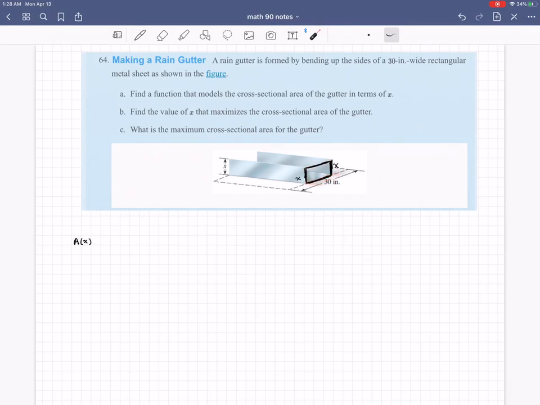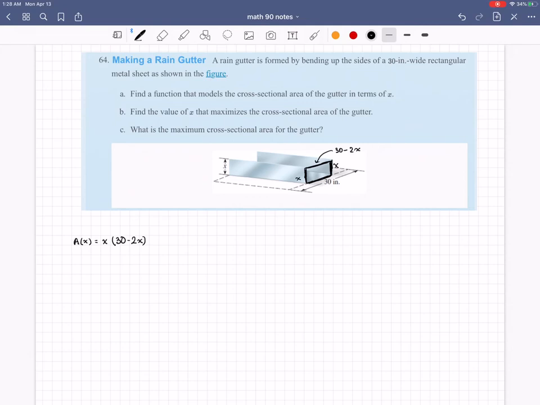They're the same length. Well, it's 30, which is what you started with, take away 2x, because those 2x's got bent up on the sides. So it's a rectangle. The area of a rectangle is length times width. So the length and the width are x, and 30 minus 2x.